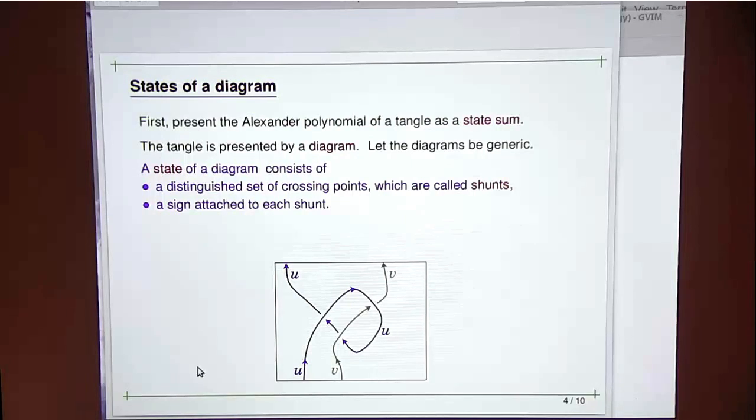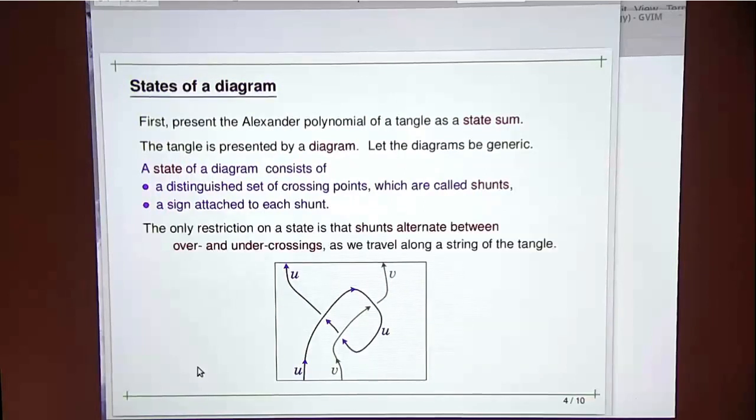But it shouldn't be arbitrary. There is some special condition that should be satisfied, which decreases the number of states. So what is the condition? The only restriction is that the shunts should alternate between over and under crossing as we travel along the strand of the tangle.